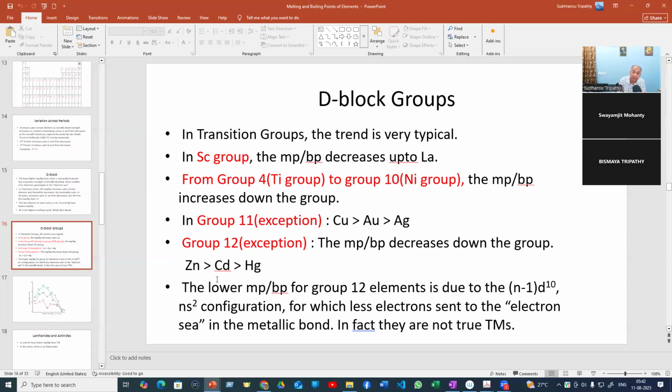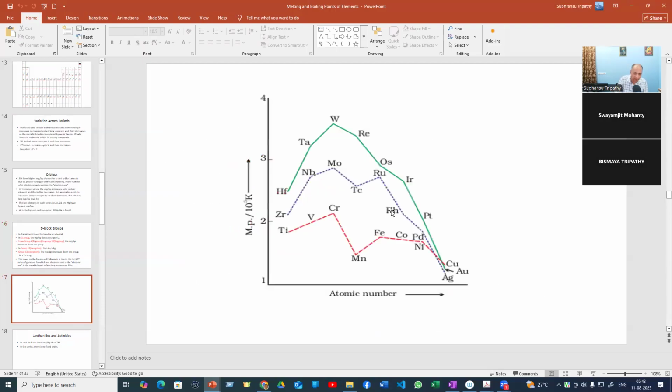The metallic bond strength is minimum. I have just written some words on metallic bond, which we will study in our chemical bond program. But this is very important. This is very important for your examination, particularly the competitive examination.